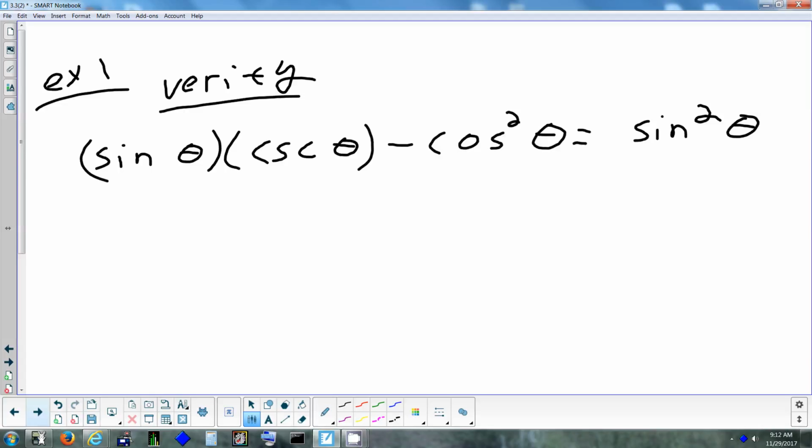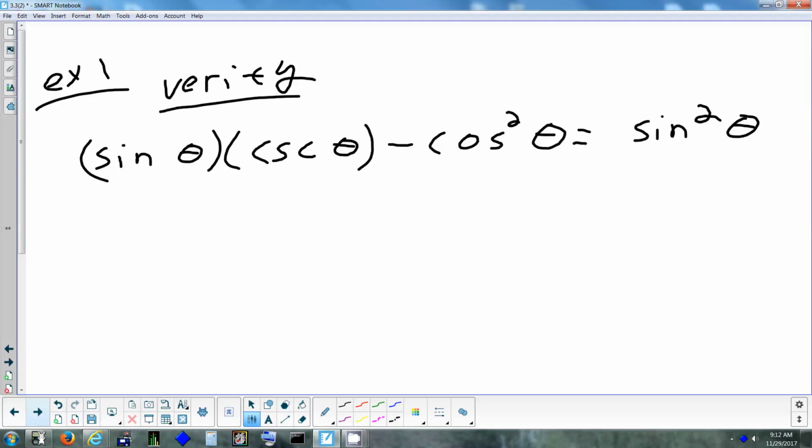Which side do people think is more complicated here? The left. Okay, so we're going to start with the left-hand side, and we're going to try to simplify it. Can anybody name something I could do on the left-hand side to start to simplify it?